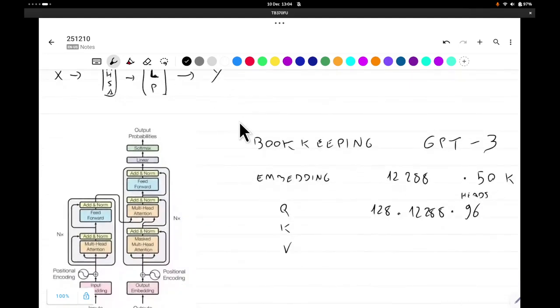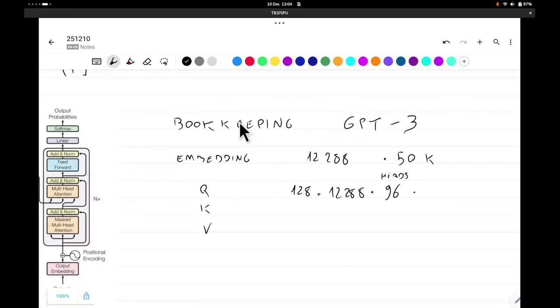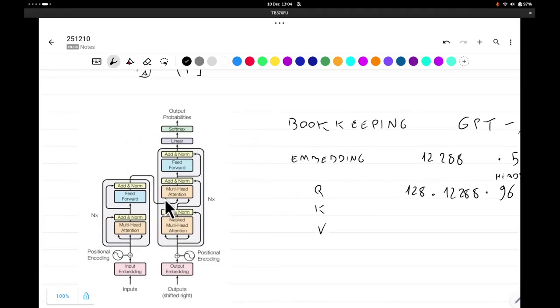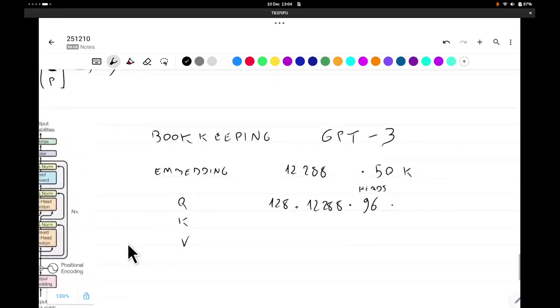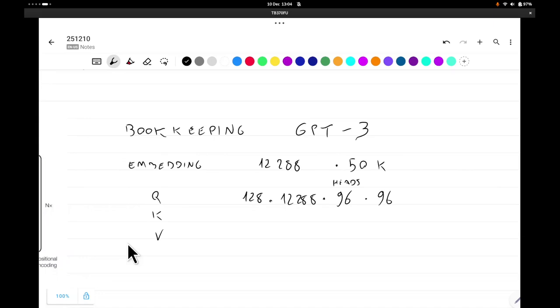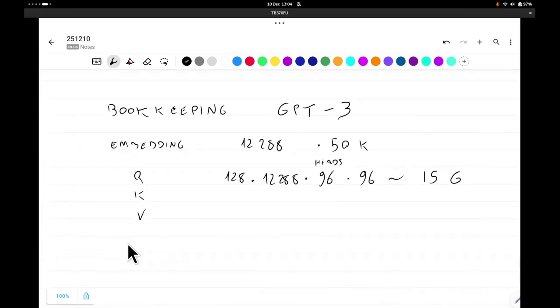So for the representation, you have 96 heads, and this thing is repeated 96 times as well. I don't know why they liked 96, but 96. So this gives a total of 15 billion parameters for the K part, and exactly the same for all the other ones.